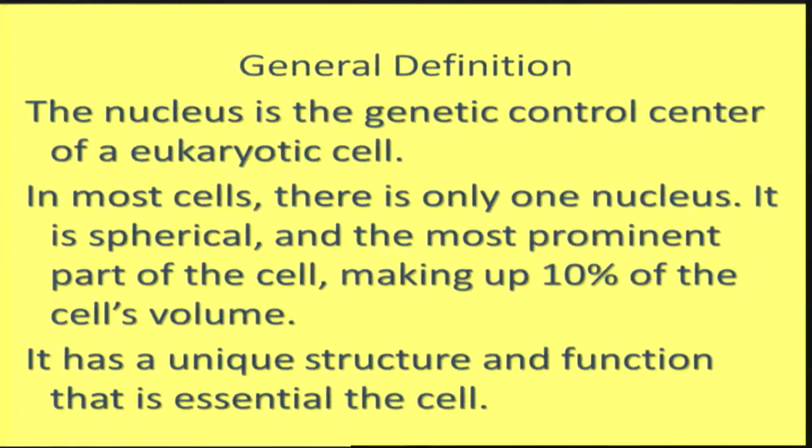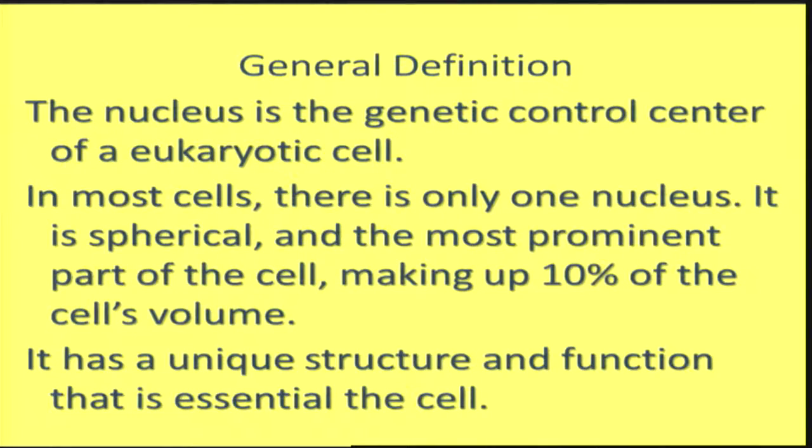This may be one of the simplest questions asked: how much of the total cell volume within the animal cell is constituted by the nucleus? The answer can range from, certain books say 10%, certain books say 10 to 12%. So the correct answer is that 10 to 12% of the total cell volume of the eukaryotic cell is taken up by the nucleus.